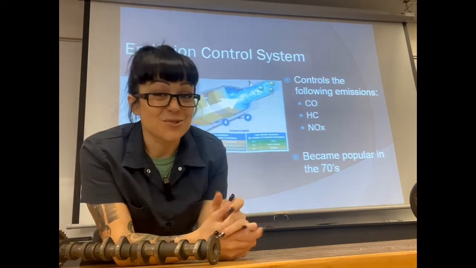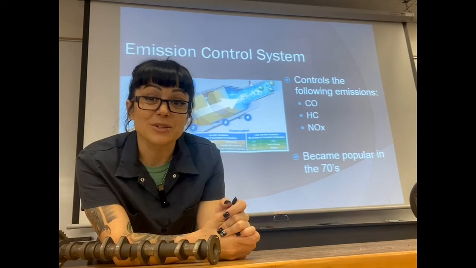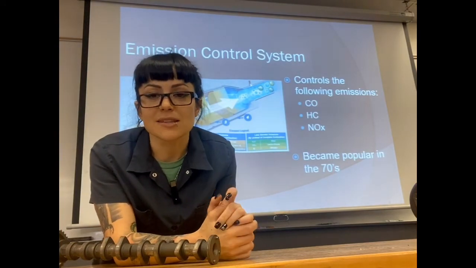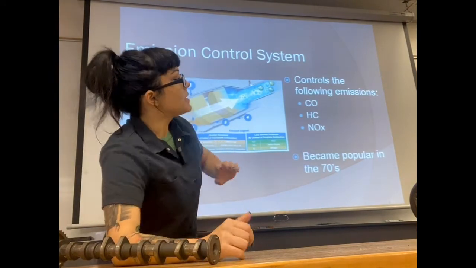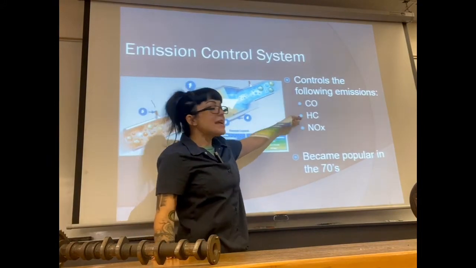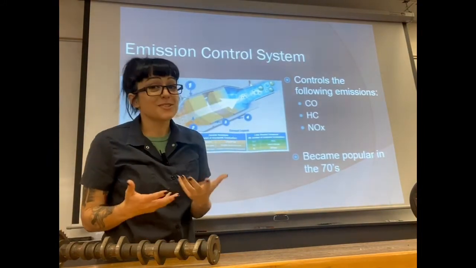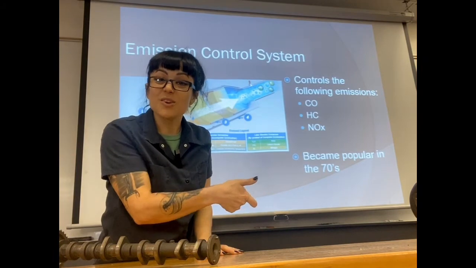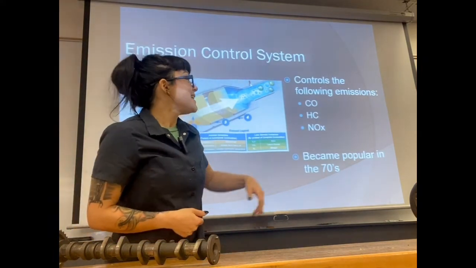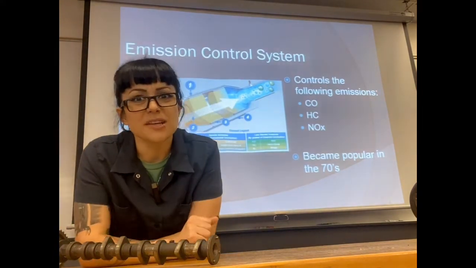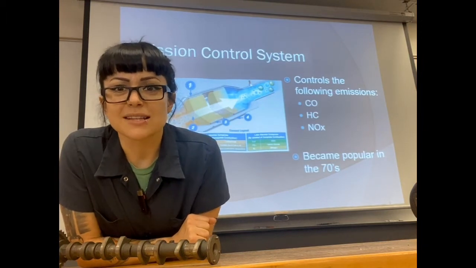CO is a dangerous gas that you can actually get killed by, called carbon monoxide. Again, we'll get into this later. Carbon monoxide is going to be partially burnt fuel. HC is hydrocarbons, which is essentially what you're pumping into your vehicle every time you go to get gas.